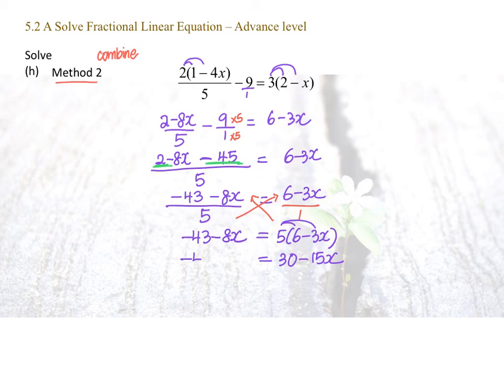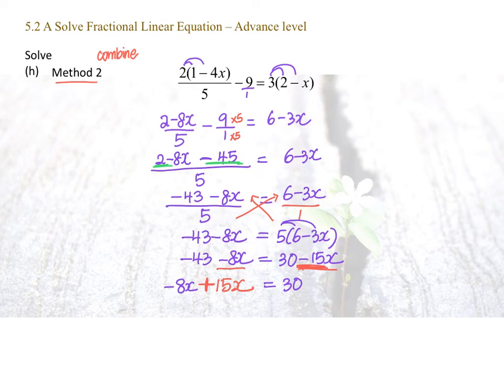And then last but not least, shift it over to the other side. Put the like terms together. Negative 8 can now migrate over, and we will have negative 8x, and negative 15x migrate over to give you positive 15x, and there is 30 over here.